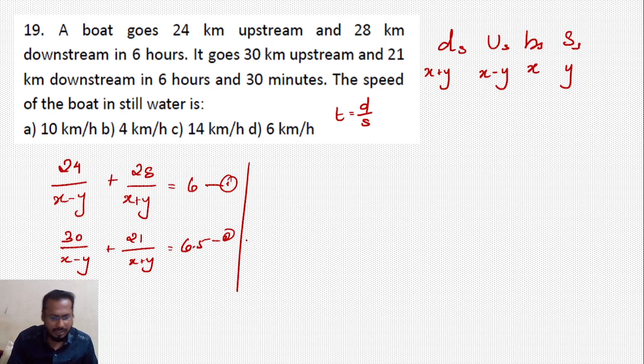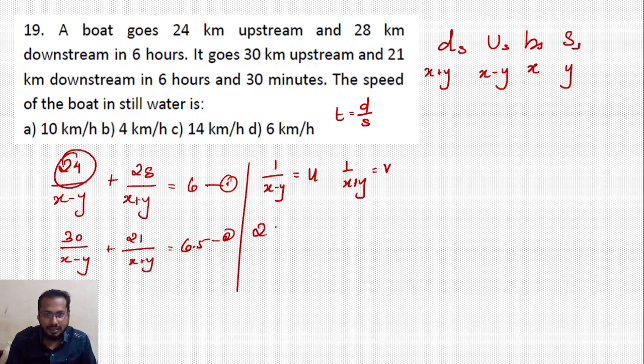We're going to solve this. There is no other way; we need to solve a bigger equation. So let's take 1 by x minus y equal to u, and 1 by x plus y equal to v. So instead of this, I'm going to write u and v. 24u plus 28v is equal to 6 hours.